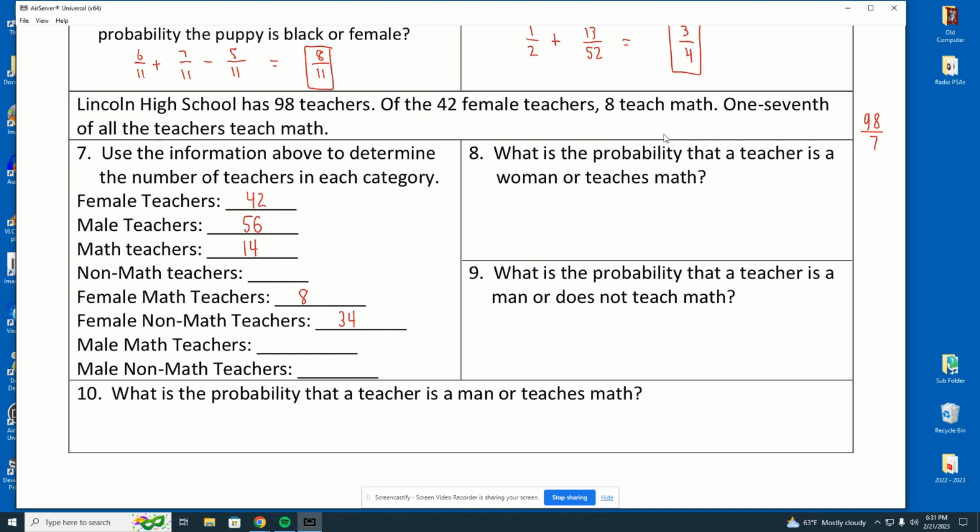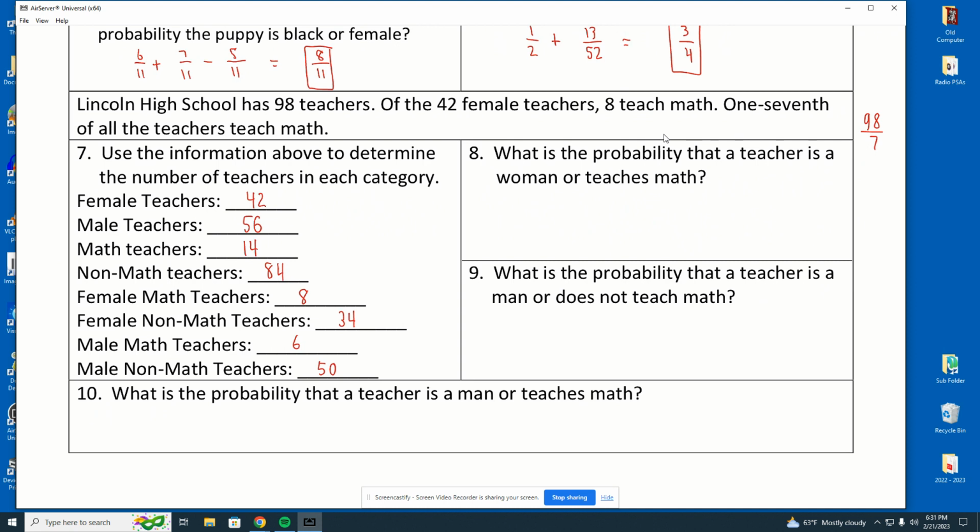If 14 are math teachers, how many are not math teachers? 98 minus 14. That's 84. Now, didn't we say that 8 of those were female? So if 8 out of 14 math teachers are female, that means 6 are male. And if there are 56 male and 6 are math, there are 50 who are non-math. So those are all the numbers that you're going to need.